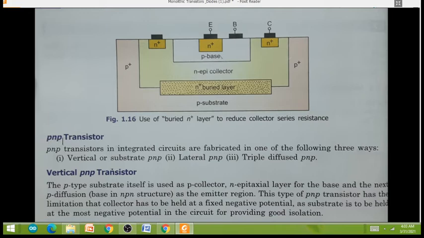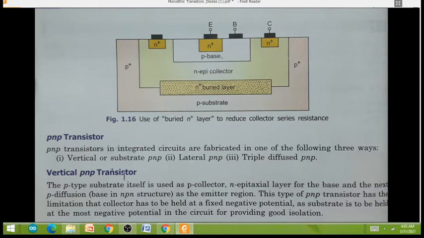अब PNP transistor. So PNP transistor is integrated in a circuit, fabricated in one of the following three ways. या तो vertical या तो substrate PNP transistor उसको बोलते हैं. दूसरी प्रकार के ट्रांजिस्टर है that will be lateral PNP transistor, and third one will be the triple diffused PNP transistor.